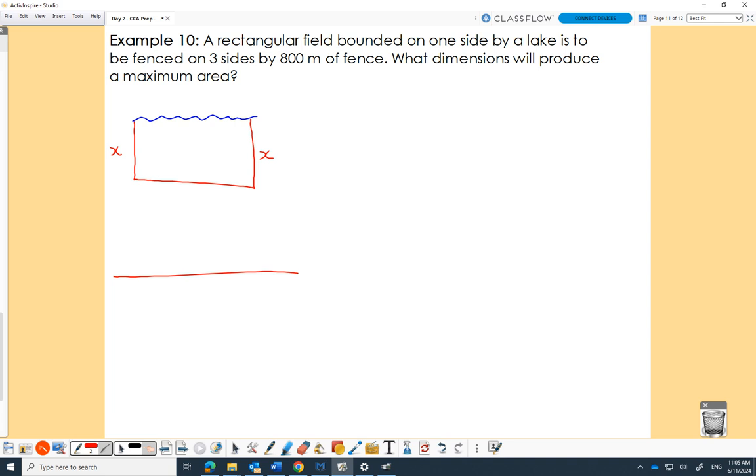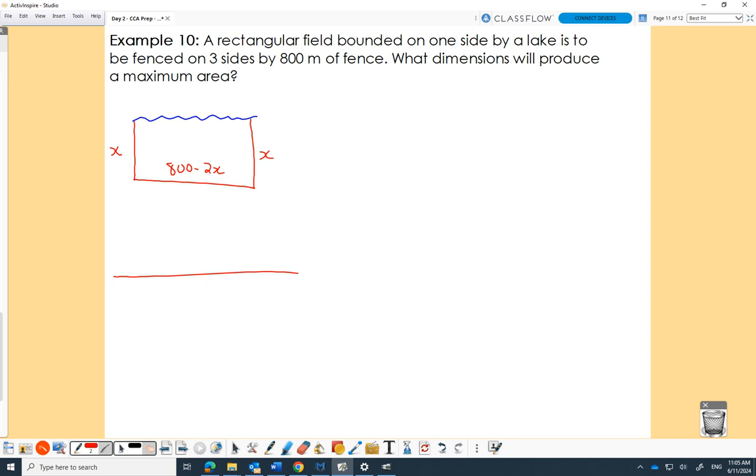So what I'm going to do in mine is I go, well, okay, if that's x and that's x, how much fence do I have left for the last 3 sides? I had 800. I used up x. I used up another x. 800 minus 2x on this side. That move avoids using y. I do not claim it's better. It's a choice I made of how to teach this.